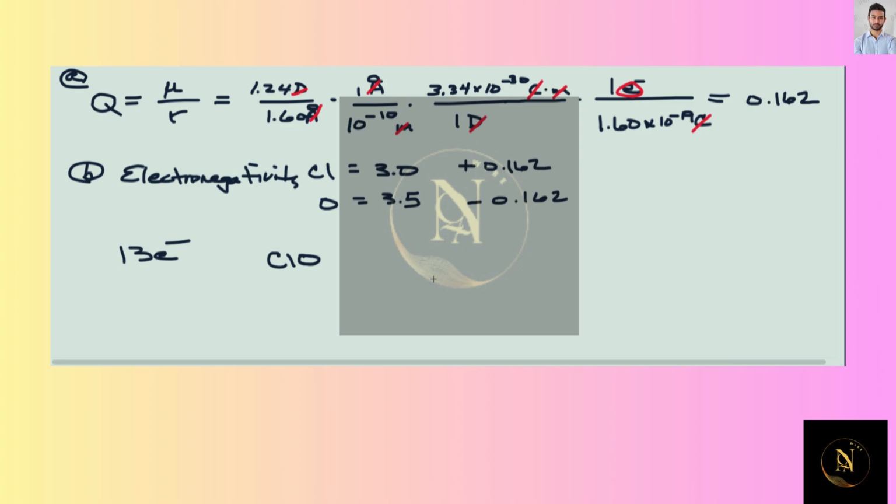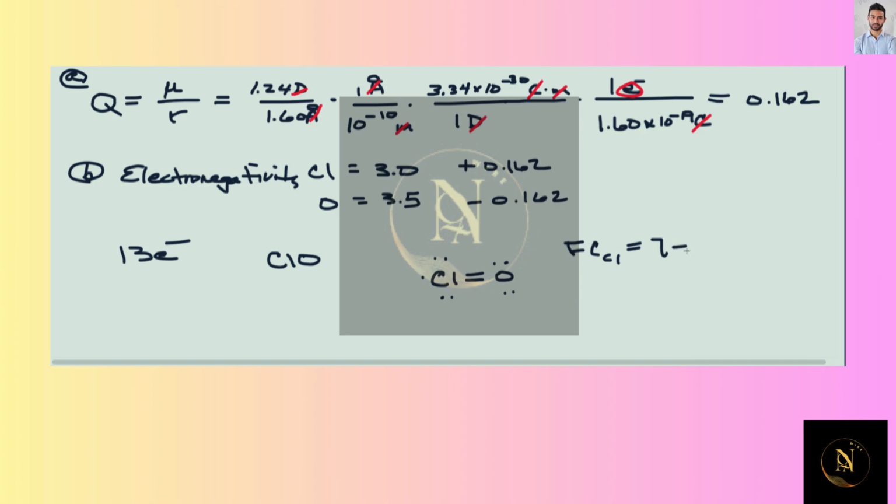But what we can do here is, if we put a double bond between the Cl and the O, and we put that one single electron around the chlorine, what we wind up with for formal charge, for instance for the chlorine, because remember, formal charge is valence electrons minus lone electrons minus number of bonds.